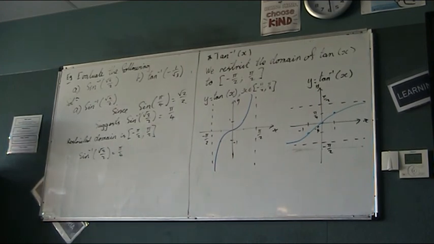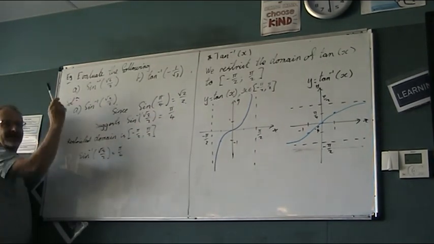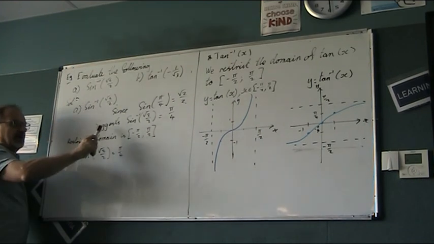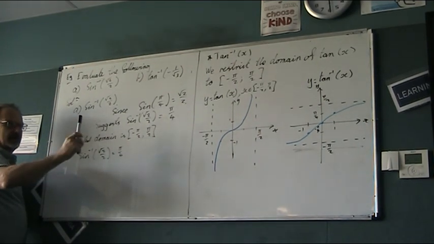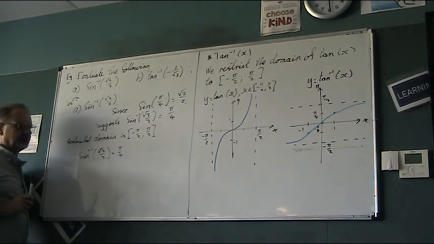Seems like I'm making something that's pretty straightforward more complicated than it needs to be. However, we do need to make sure that the answer that we've got, because this is an inverse function that we're talking about, is in the domain. If it's not in the domain, what do you do? That's what we're going to get to with this one.